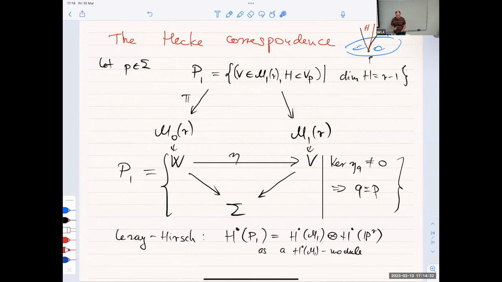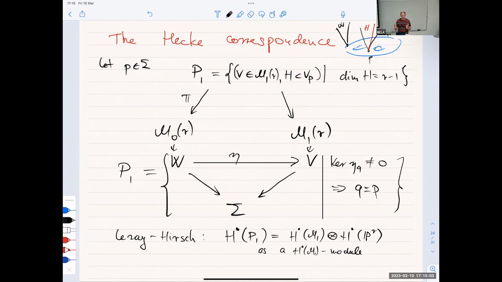The idea is the following: they're related if there is a bundle map, so these are holomorphic bundles, so there's a holomorphic map from W to V. So there's another bundle here, W, of the same rank as V, where it maps W to V, and it's always of full rank.